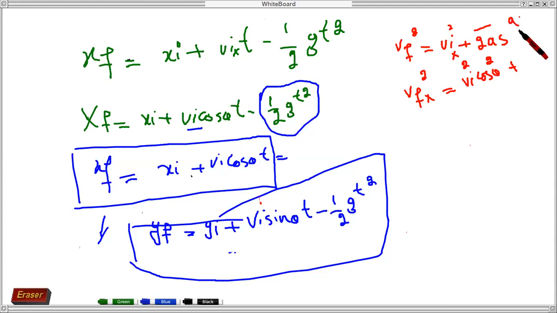It will be 0, because horizontally there is no acceleration. So this is our final formula.